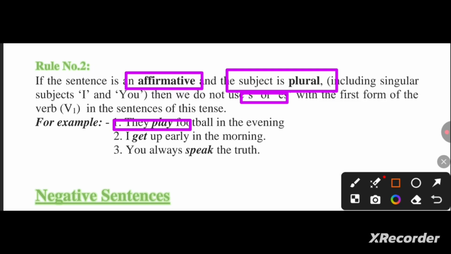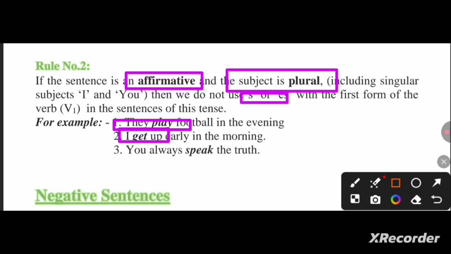Again, this is a singular subject in the second sentence, I. As it is given over here, we have to use only the first form of the verb when the subject is I, because with the singular subject I we use only the first form of the verb. We do not use S or ES when the subject is I.